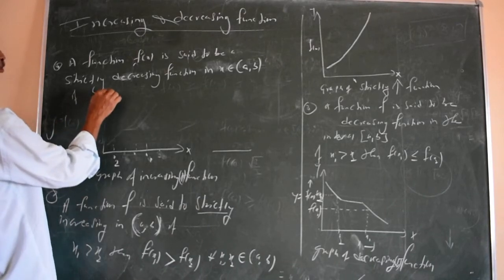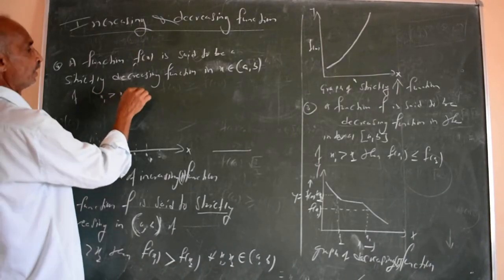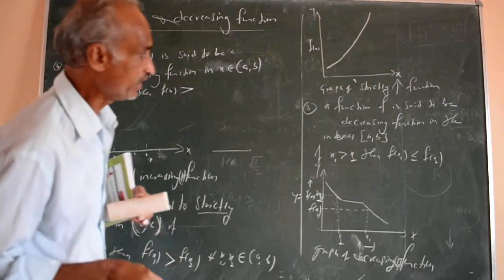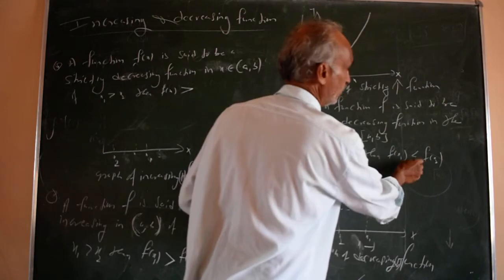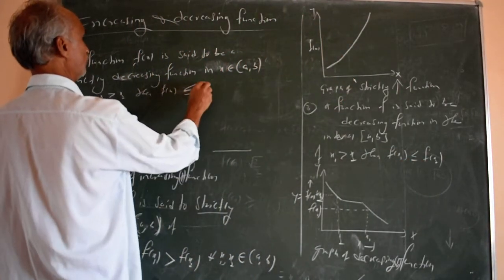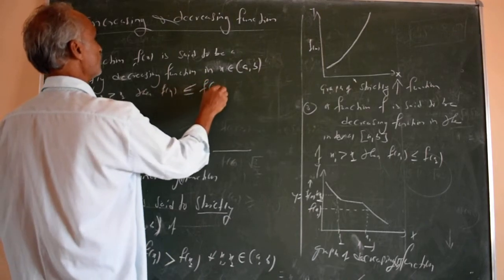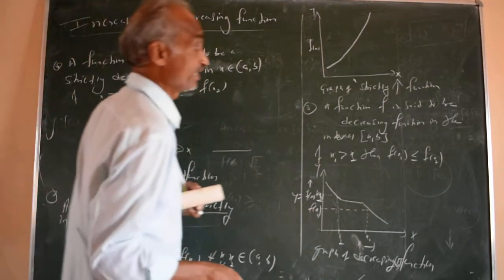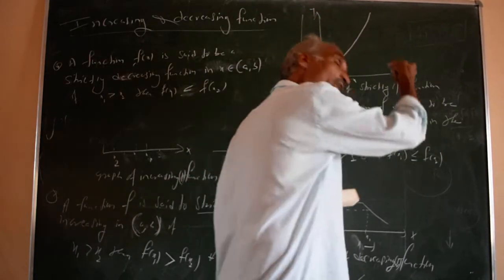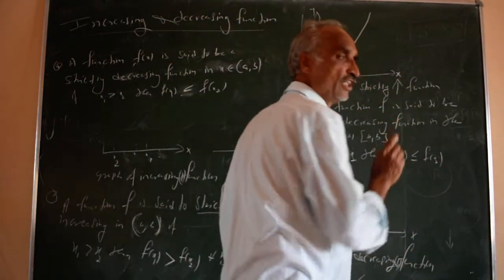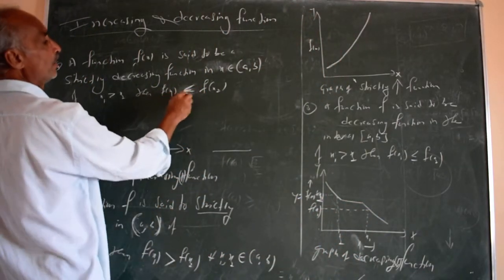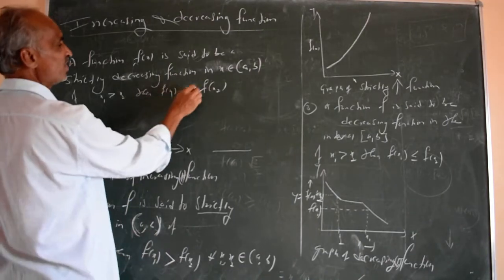If x1 is greater than x2, then f of x1 is less than or equal to f of x2. Even though x1 is greater than x2, f of x1 is smaller than or equal to f of x2 for decreasing. For strictly decreasing, f of x1 is less than f of x2, equals to is not there, because this is strict inequality.